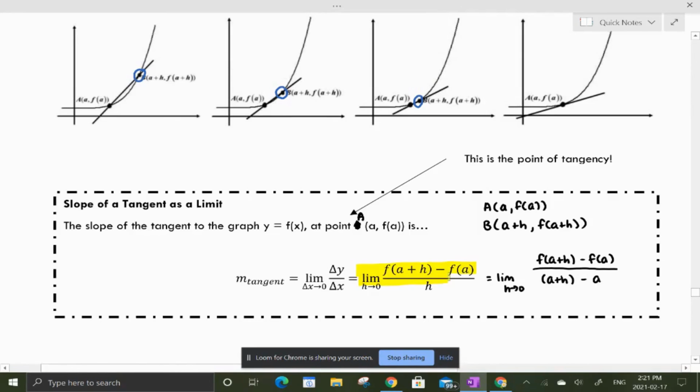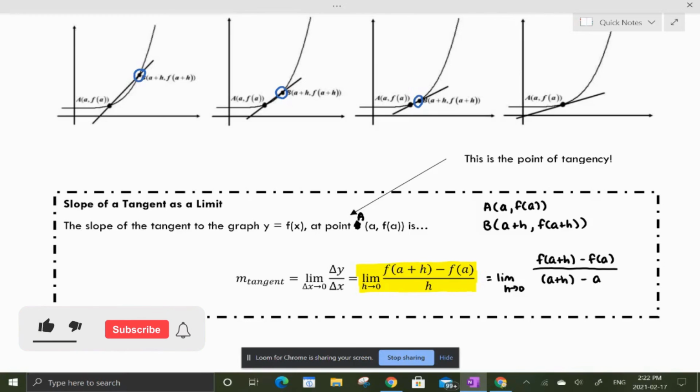Okay. And the reason why we talk about h approaching 0, remember, at the end of the day, we're looking at the slope of a tangent, which essentially means we're looking at the slope where the line will touch the curve only at one point. So by putting in h approaches 0, it's telling the reader, hey, we're talking about a B that's going to get super, super close to that point of tangency there, right?